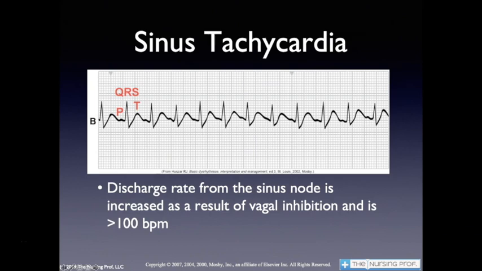So the QRS complex is not wide. All the complexes look the same, and the rhythm is regular. So 4 out of the 5 components are okay. The one that isn't is our fast rate. So we would call this a sinus tachycardia.